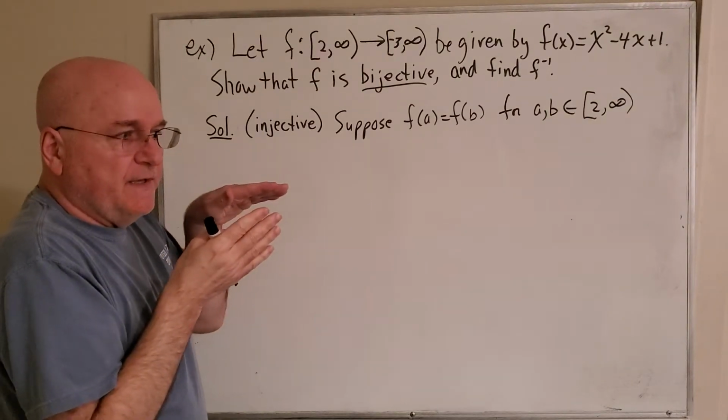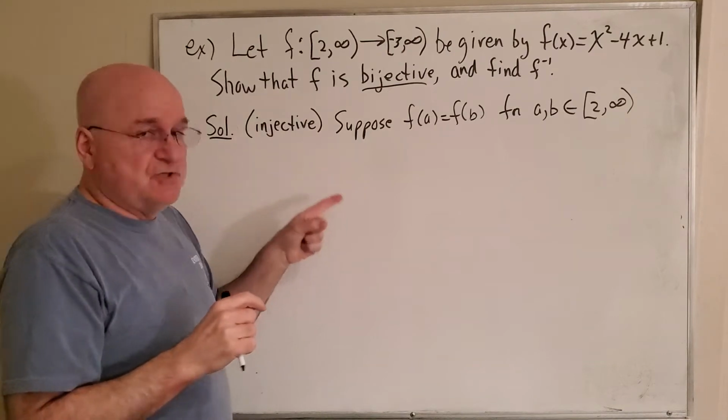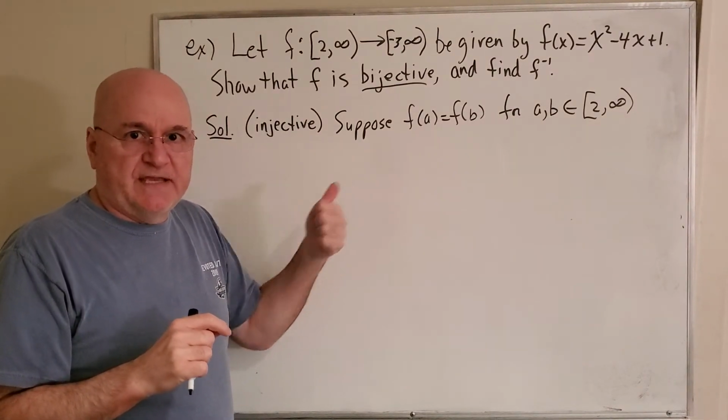Right? So suppose f of A is equal to f of B. If it is injective, that means we're going to end up showing that A and B are equal to each other.